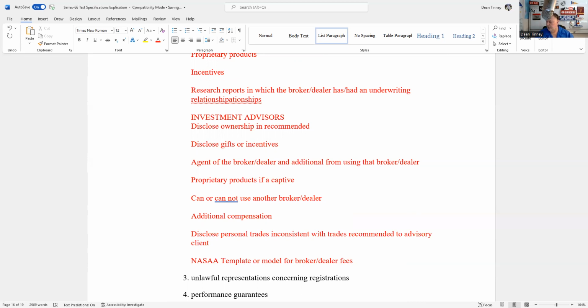Now, we're not talking about fees for investment advice here. We're talking about fees associated with the broker dealer charges. Some of those might be issuance of a stock certificate. What are the additional charges you may encounter in this relationship?